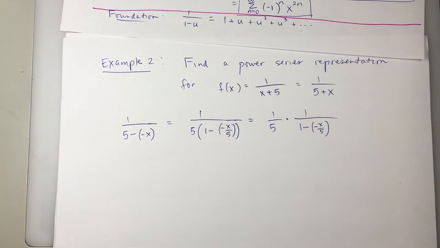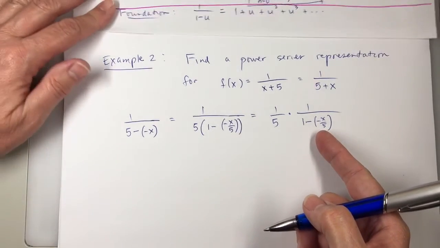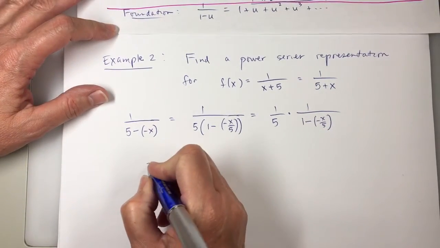So what I'll do is I'm going to write this second part, 1 over 1 minus negative x over 5, as a power series, and then multiply the result by 1/5. So what's u? Negative x over 5.